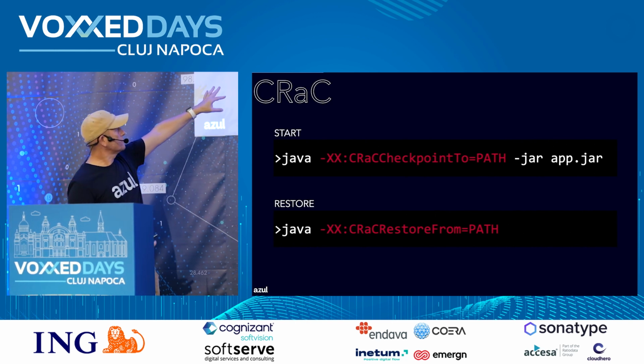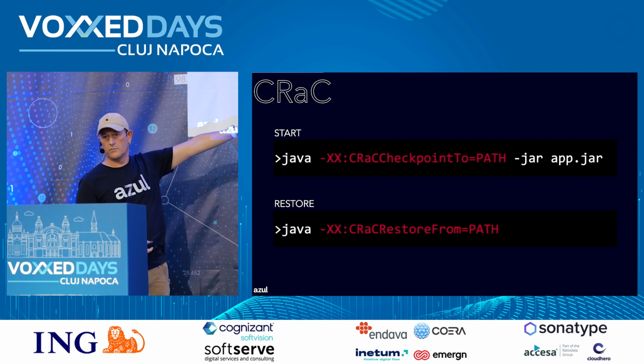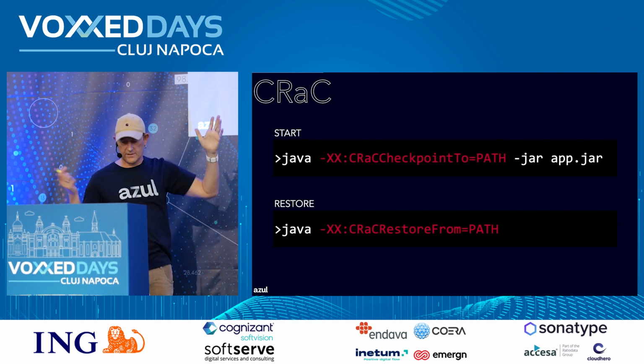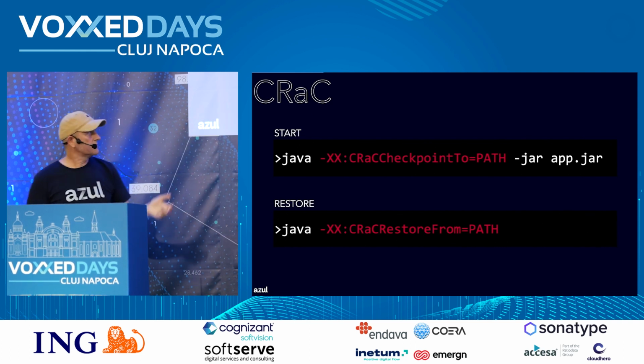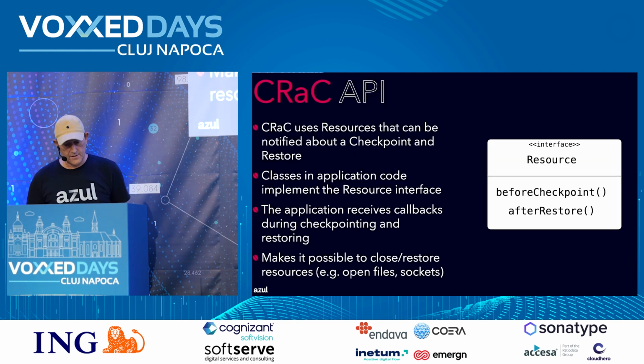And if you would like to restore it, you just call java -XX:CRaCRestoreFrom and point it to the path, right? So this is the main thing that we added in terms of the command line parameters to make it happen. And the API, so that means the stuff that you are working with, is in principle just one interface.